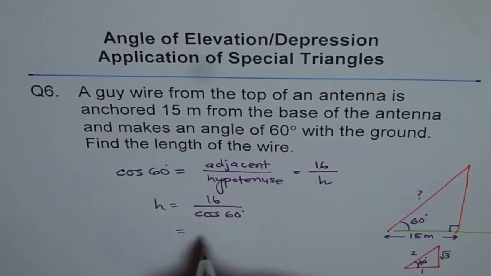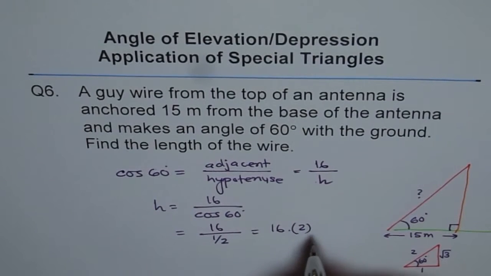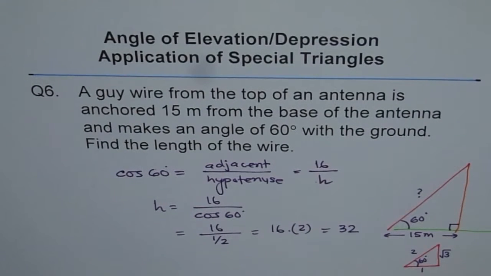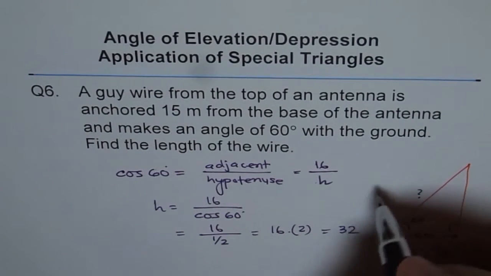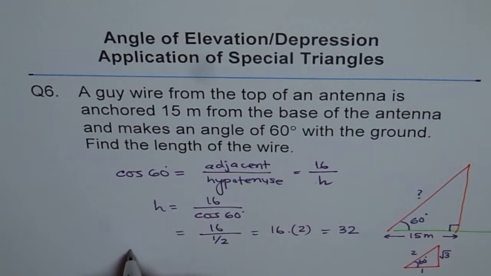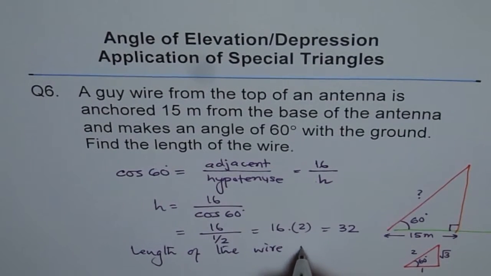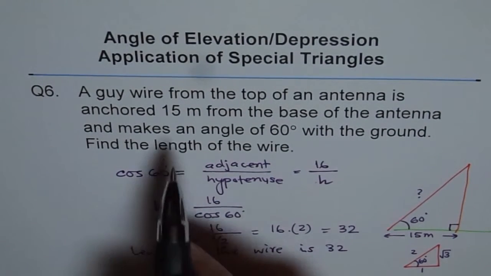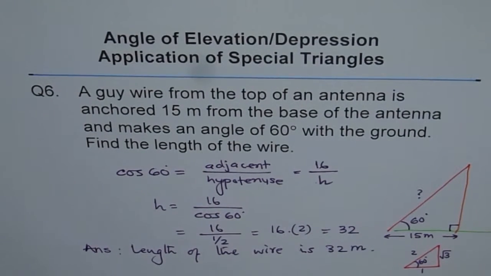So I can write this as 15 divided by 1 over 2, which is 15 times 2, and that gives us the answer 30. Therefore the hypotenuse is 30, so the length of the wire is 30, and the units are meters. That's our answer. That's how you do this kind of problem.